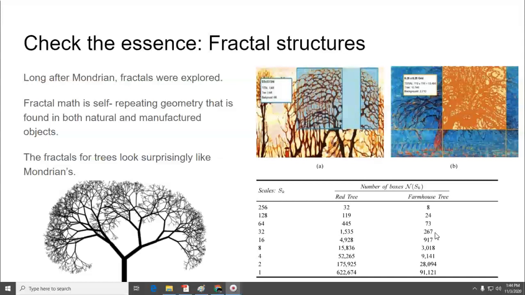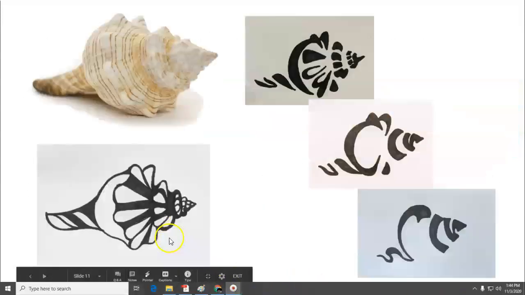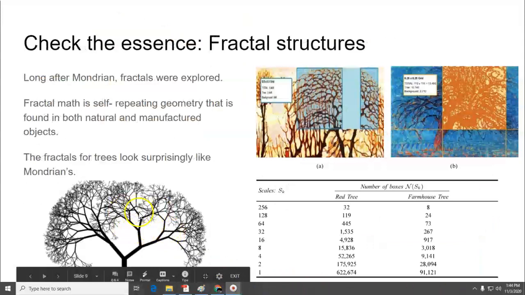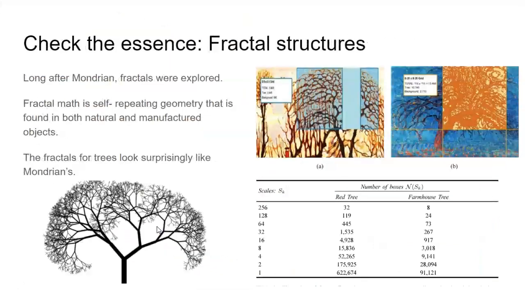Now, of course, the equation for your fractal is influenced by the environment because we're not in a vacuum, so that's why things lean to one side or they're not perfect. But a fractal tree looks like this, okay? And in his paintings, this is the farmhouse tree, and there's a farmhouse down here with trees in the background, and you can see how close that is to a fractal canopy.